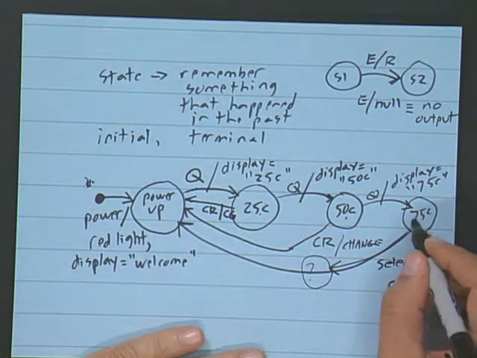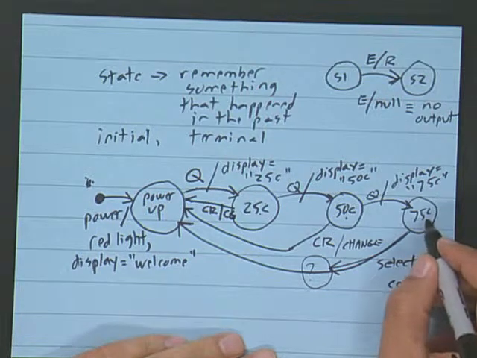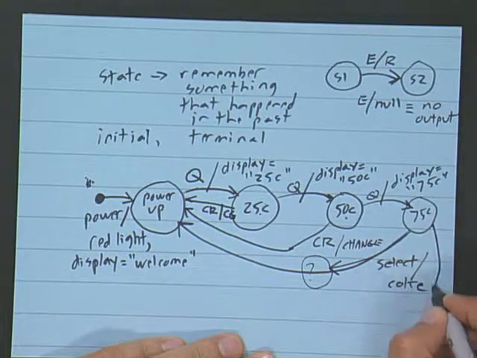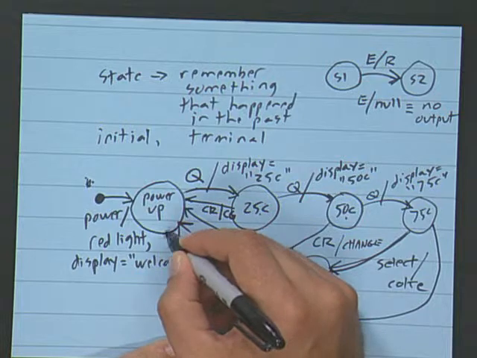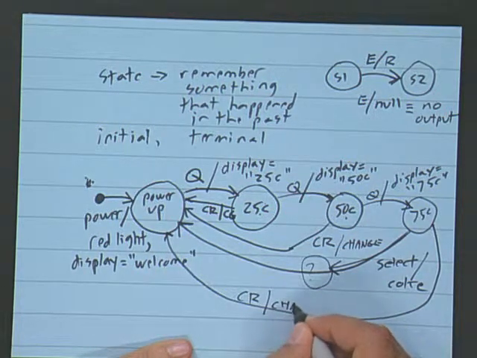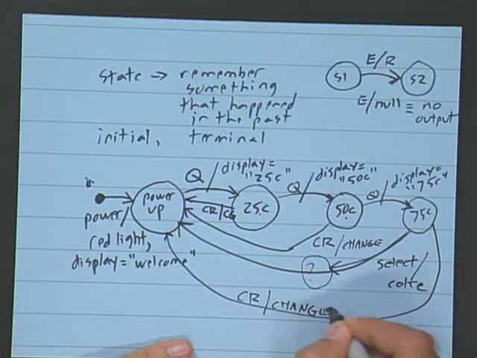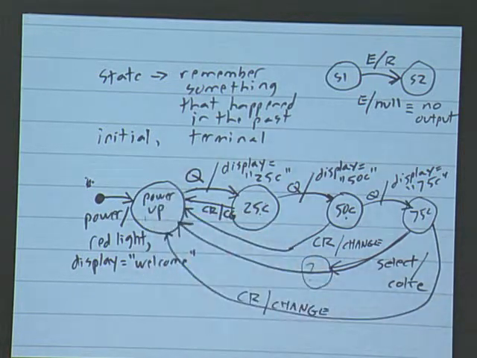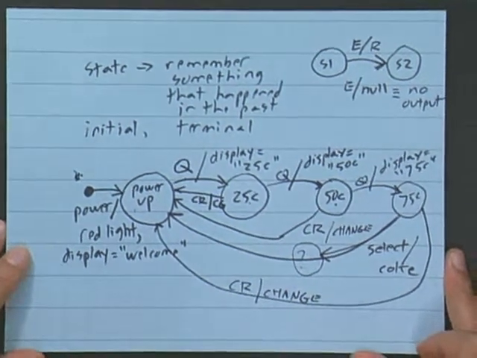And actually, even at 75 cents, I could decide that, you know what, I don't want my Coke, I'm going to hit change return, get my change and go back to the beginning like that, okay? But even that's not complete.